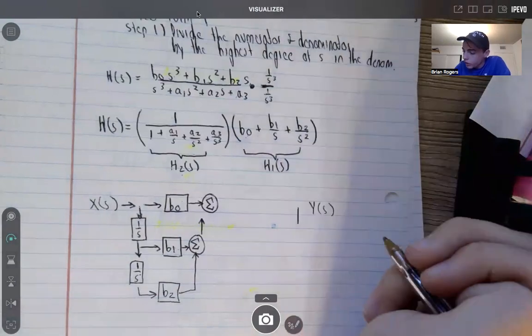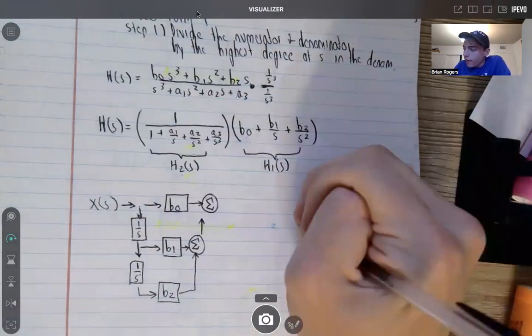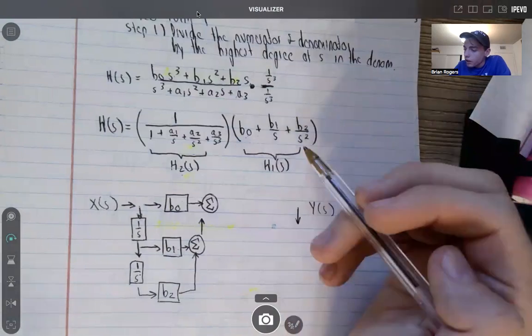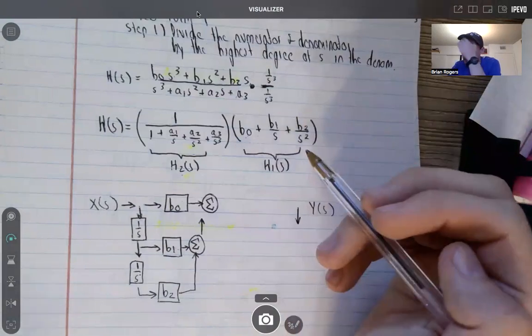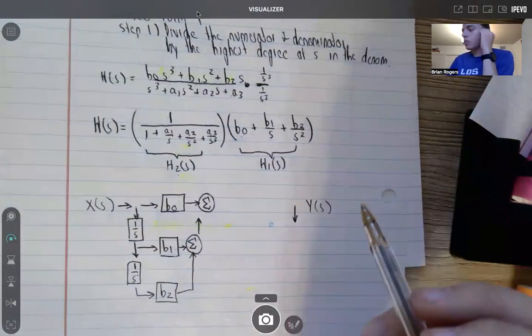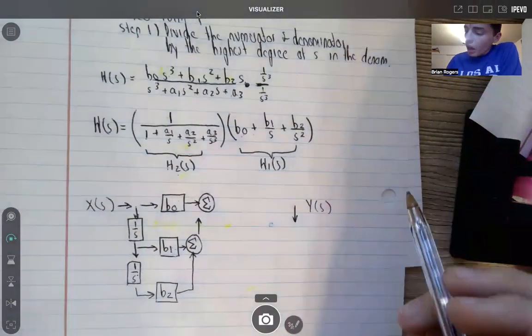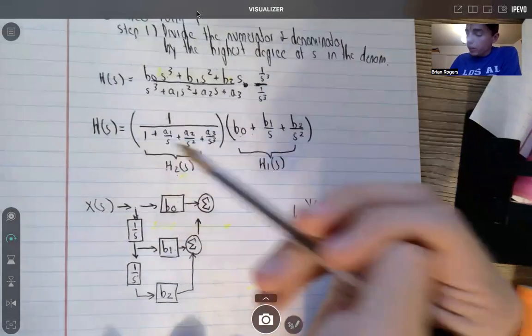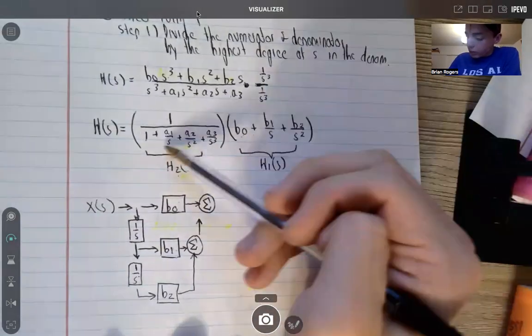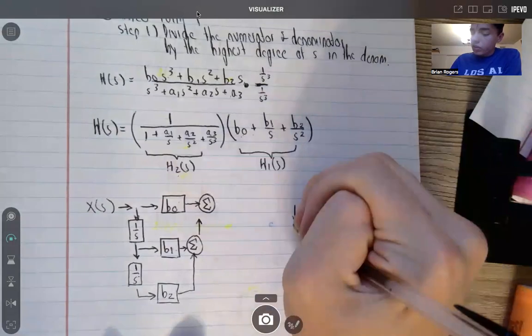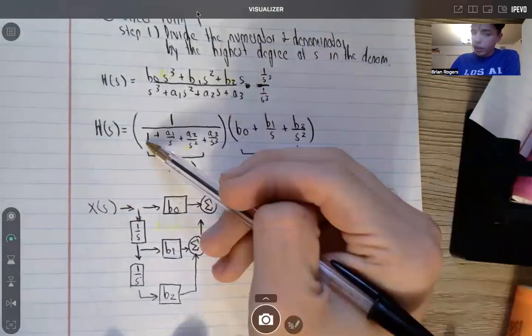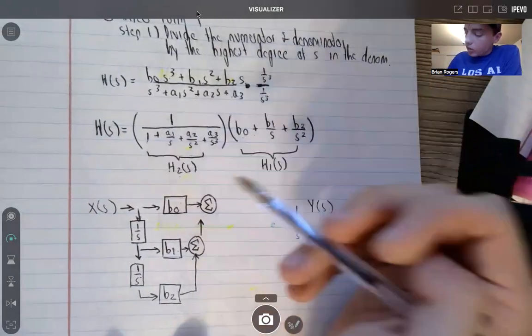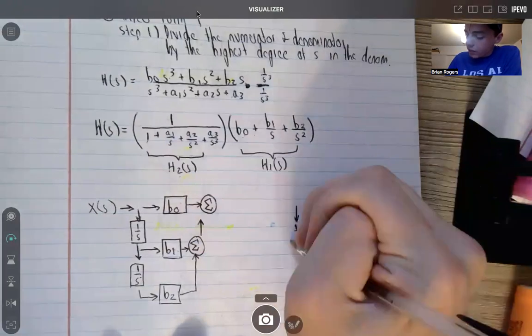And so it's going to have to go through here. What we're going to notice is that this is just a 1, so we don't have to do anything for it. However, here's our first 1 over s term. If this was a constant, like 5 or something, then we'd have to take it into account, but it's just a 1. And so here's our 1 over s.